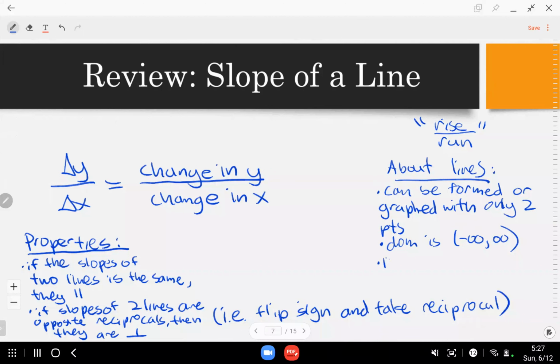And of course, lines go forever. If a so-called line has endpoints, then it's just a line segment. So lines go forever, right? Okay.